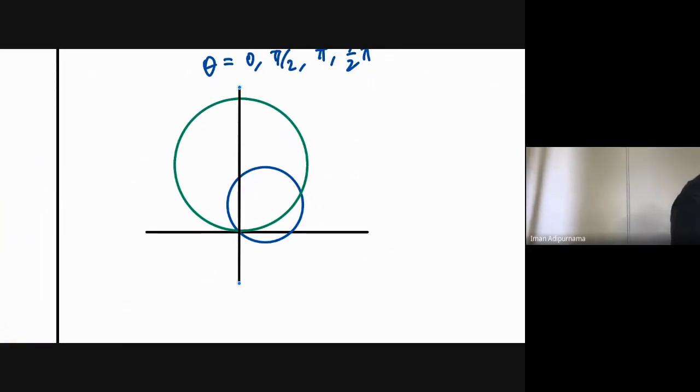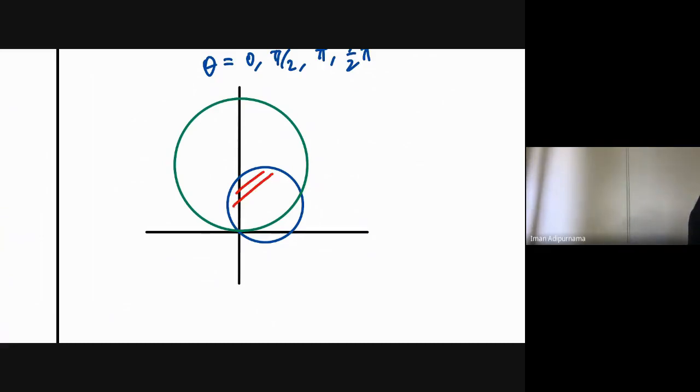So the question is asking the area inside both of the circles. So both of the circles, this one and this one. So the area will be here. Okay, so this will be the area.